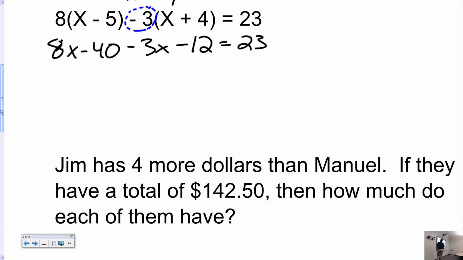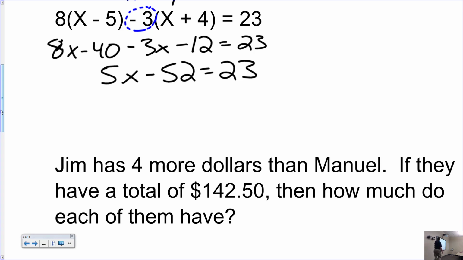Please don't let that happen. 8x minus 3x is 5x. Be careful with the numbers. They're both negative, right? A negative 40 and a negative 12. When you add those, negative 52. Please be careful with that.